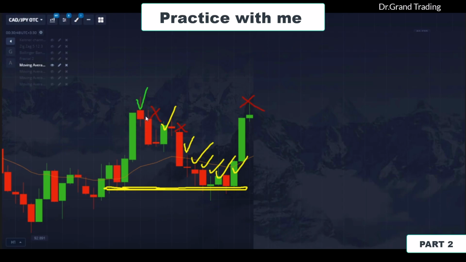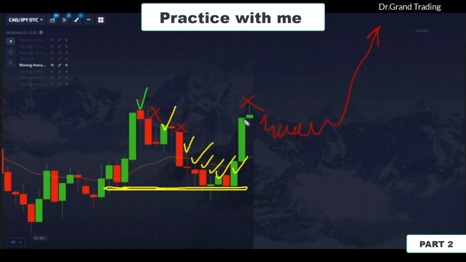And this one I knew was not going to work because we have this exhaustion candle, and here you don't see the sellers' entry. It indicates something for you. It means that the sellers are not going to enter here, and sellers were consumed in this previous trend, and the market is getting ready for a huge bullish momentum.